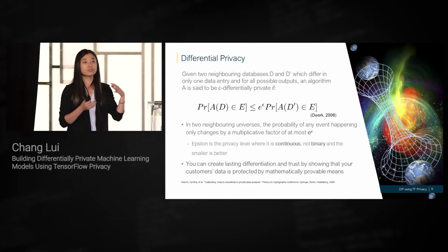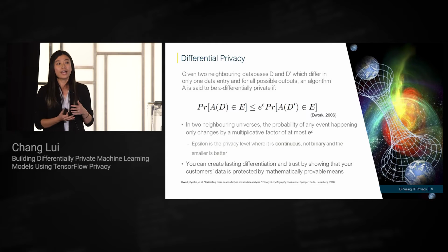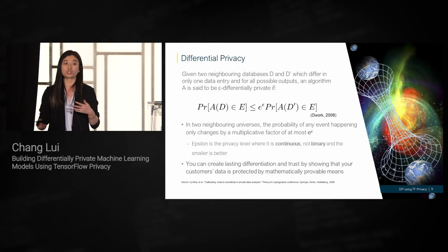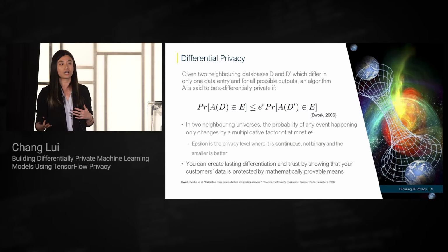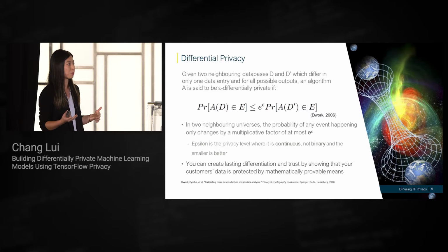Whether you participated or not in this data set, the outcome should not change that much, so as an individual you can say that with my participation or not, it shouldn't change much, so you don't know whether I participated or not. This is the whole philosophy of differential privacy.